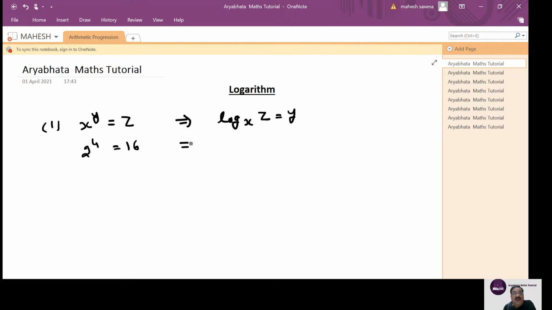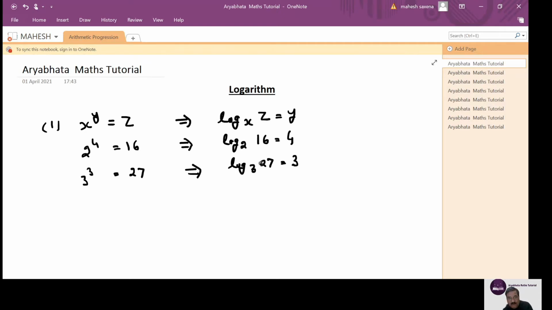Therefore, in the logarithm, we can write it as log base 2 of 16 is equal to 4. Similarly, if 3 to the power 3 is equal to 27, in the logarithm, we will write it as log base 3 of 27 is equal to 3.